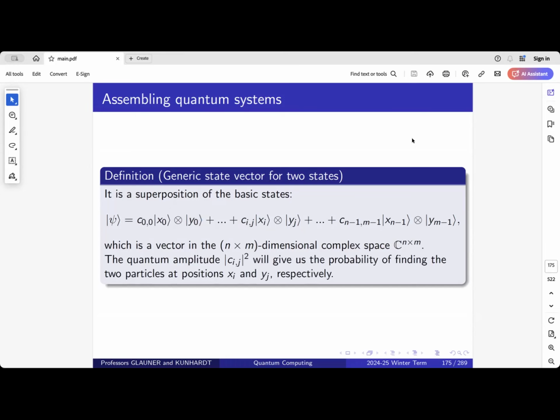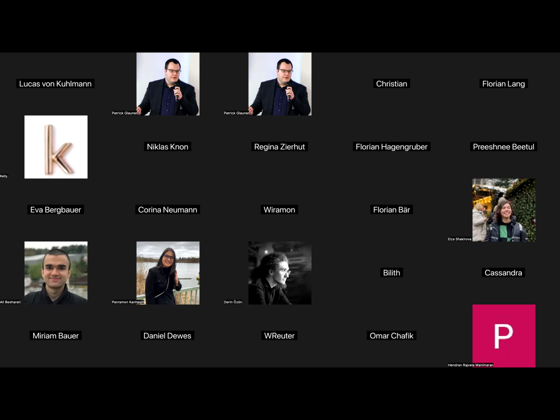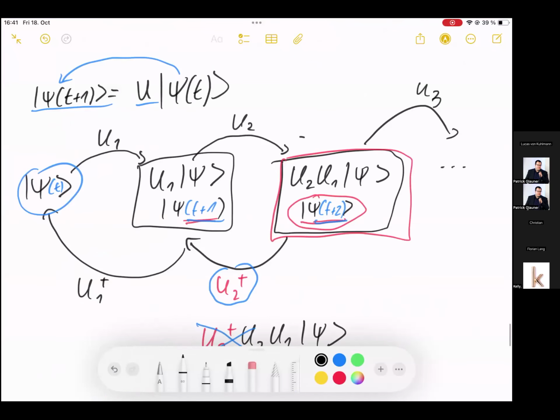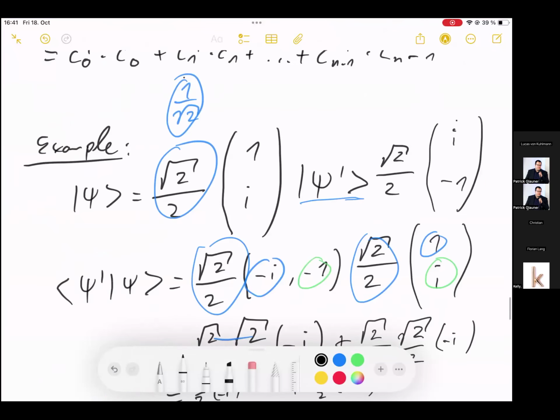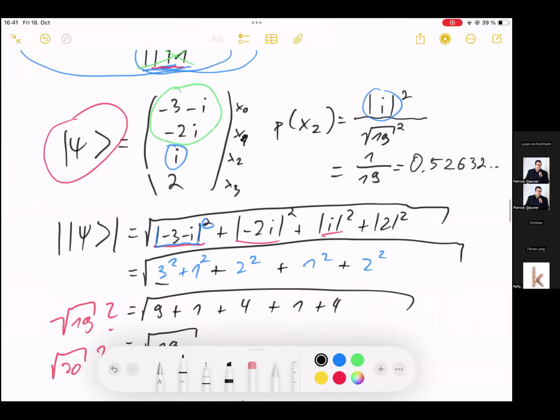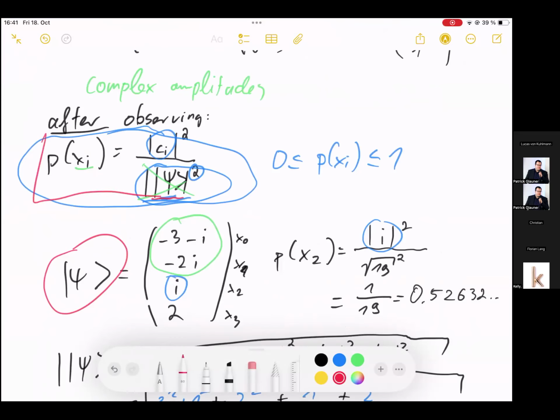And as we've done before, for this I'll switch back to the iPad. We've seen before how to calculate this probability for a single system.